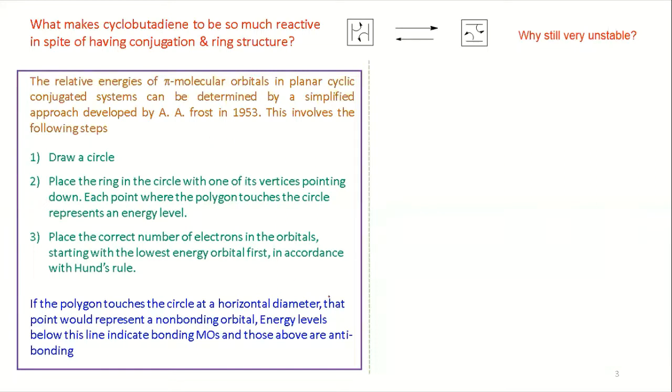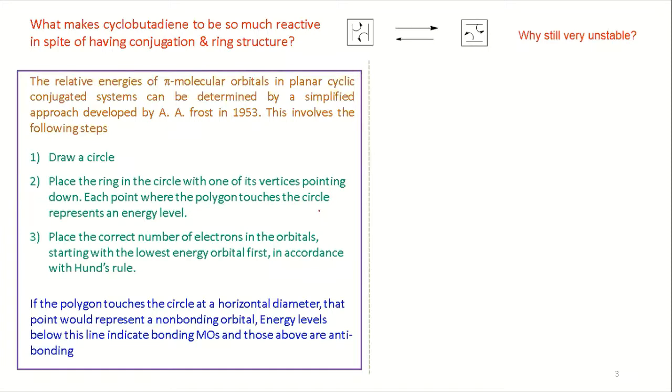According to him, you can easily come up with the positions of different molecular orbitals and their energy levels.